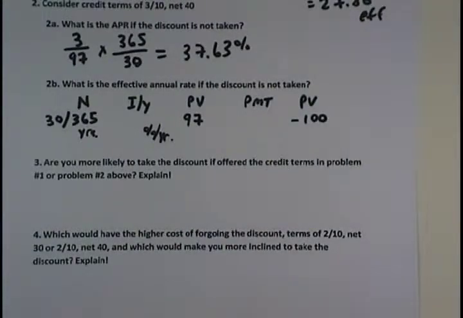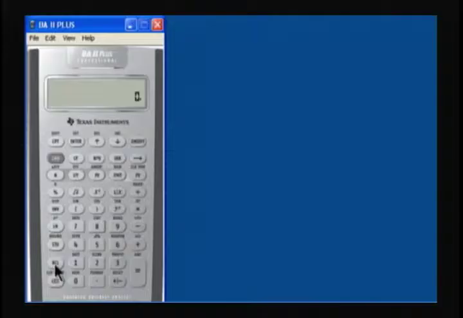So let's do that using the time value of money keys on the calculator. Second, clear TVM to start the problem. I'm borrowing $97 up front and repaying $100 at the end.